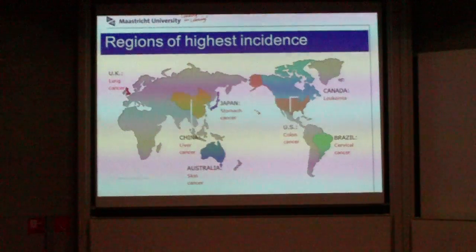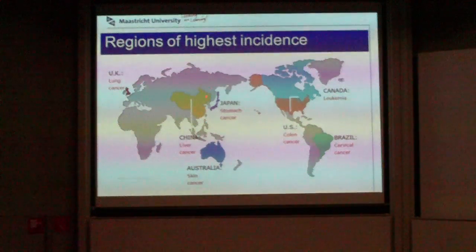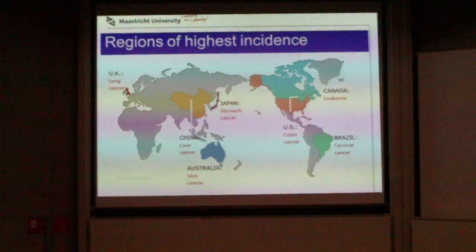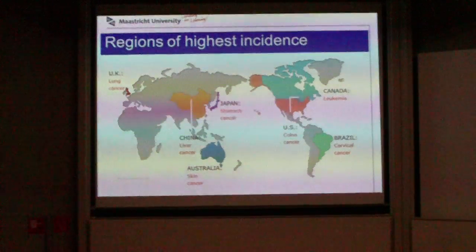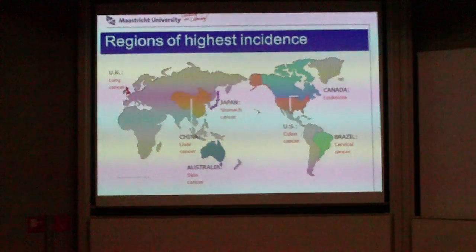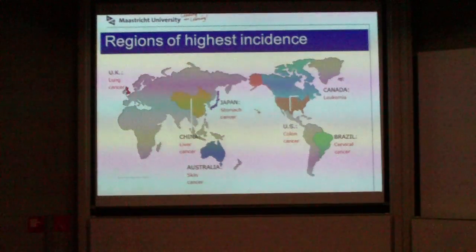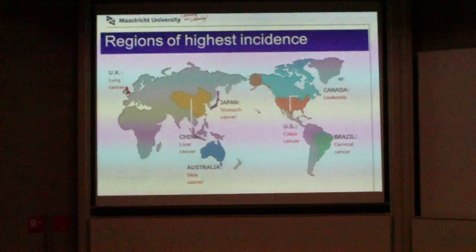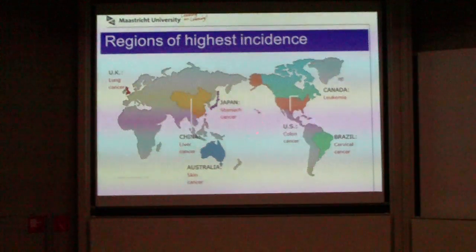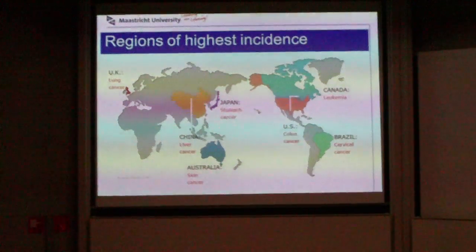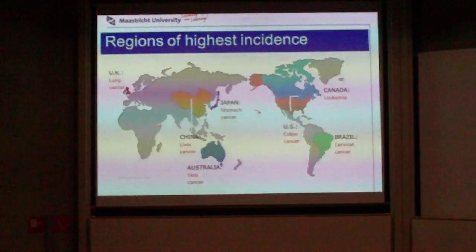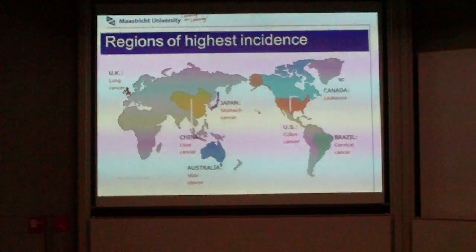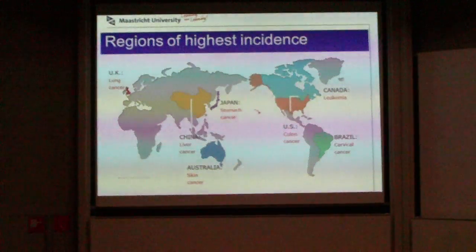So for instance, in Japan, we see a lot of stomach cancer, which is related to the consumption of who knows what. Anybody know? Mercury. No, not mercury, it's salt. It's a very salty diet. So that's the main risk factor in Japan. China has a high liver cancer incidence, partially related to a fungal product, aflatoxin.